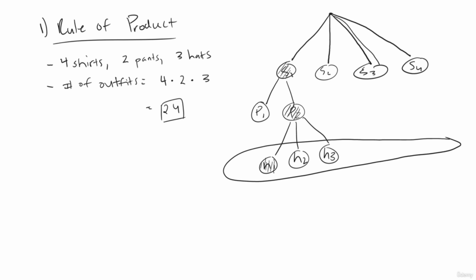And every single path down to a particular leaf node would represent another outfit. And this tree would have 24 different leaf nodes to represent all the different combinations. And this is how you can use the rule of product to calculate the number of combinations. And this tree is how you would actually visualize the number of different possible outcomes or outfits in our scenario.